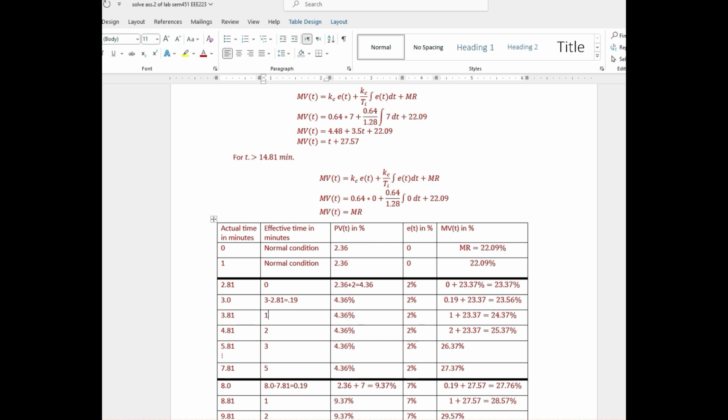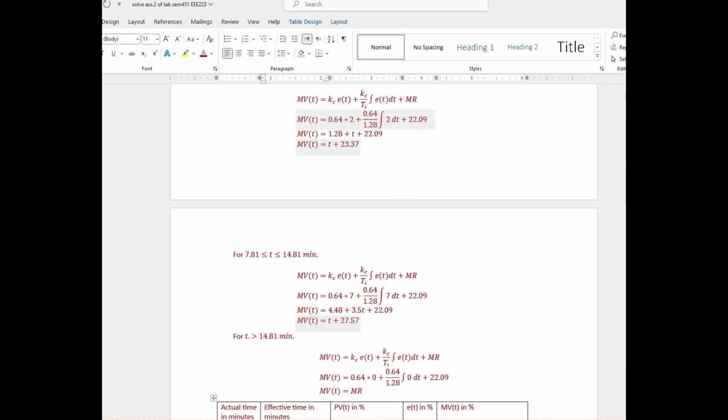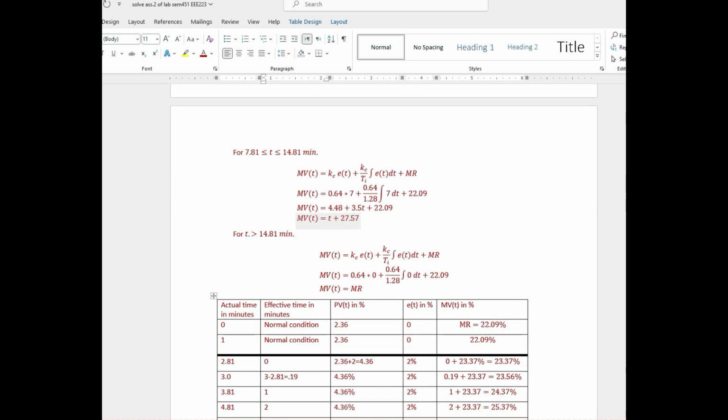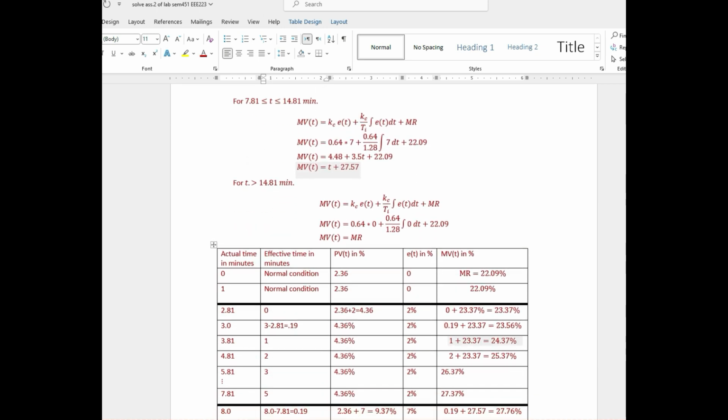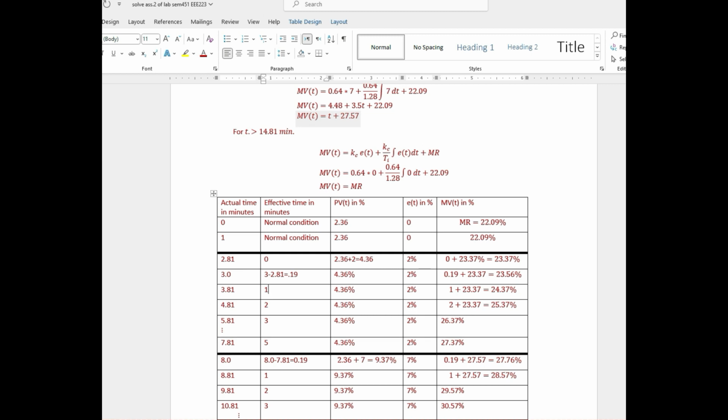The error is still constant at 2, which means I will still use the same equation, since the error still exists here: t plus 23.37. Now continue our substitution until we reach the end limit of my interval or period, 7.81, or interval time, which is here considered as 5.